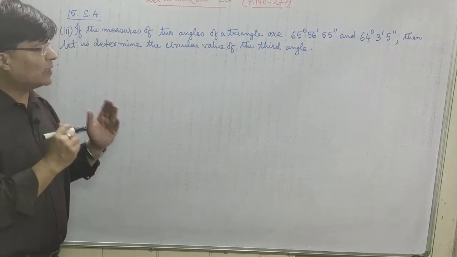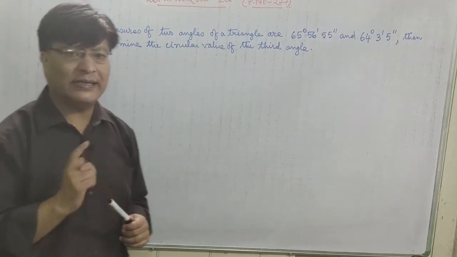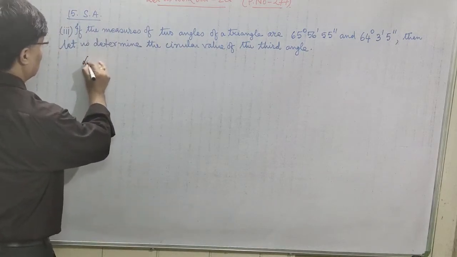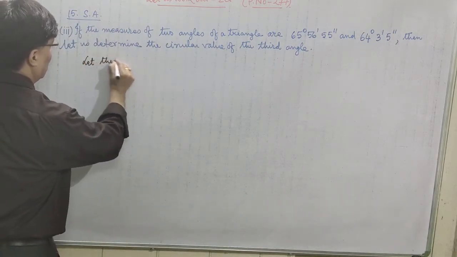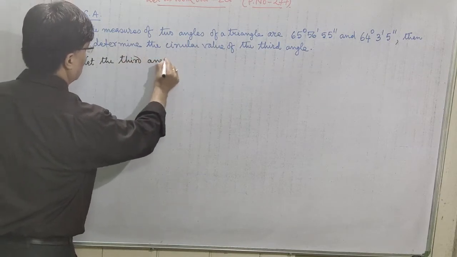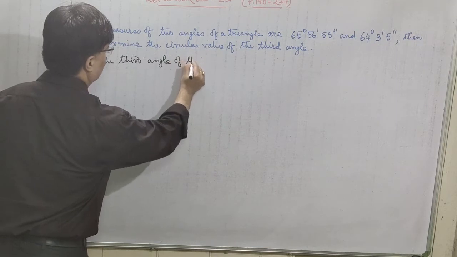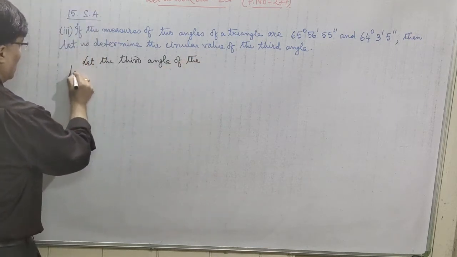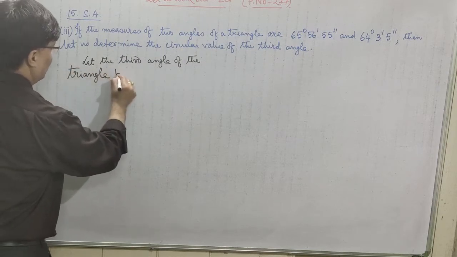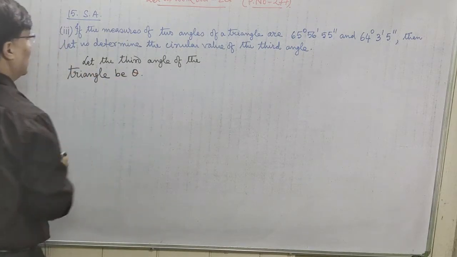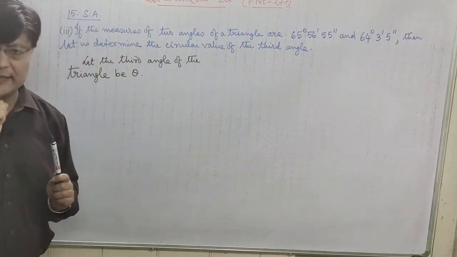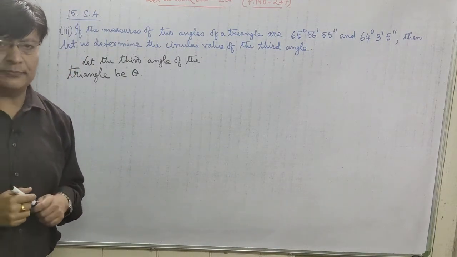Let us first find out the third angle in the sexagesimal system. Let the third angle of the triangle be theta, but this is in the sexagesimal system, right?